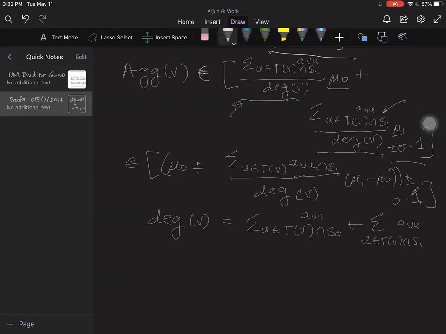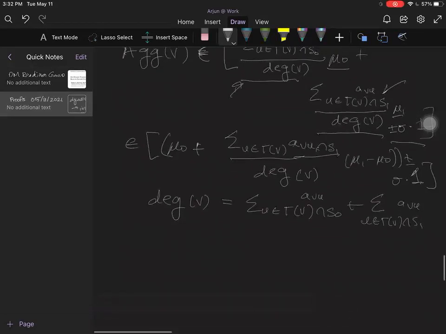So we can actually re-express whatever's inside the brackets by basically saying 1 times mu0 plus this term intersection with S1, and then take the difference of the means here.